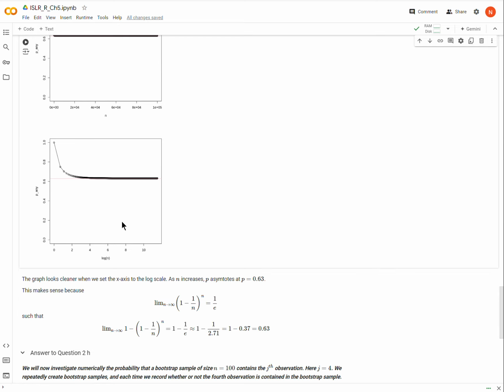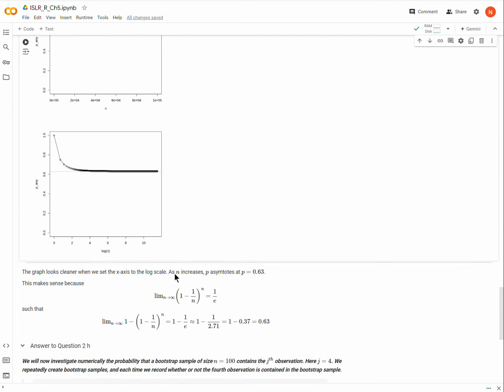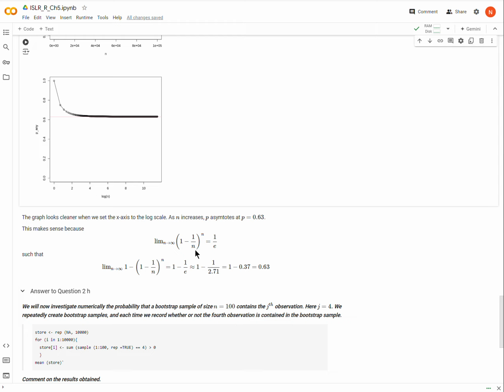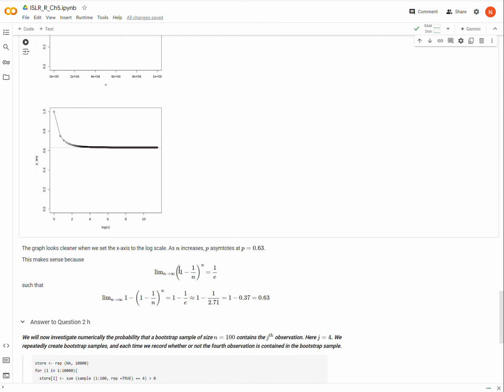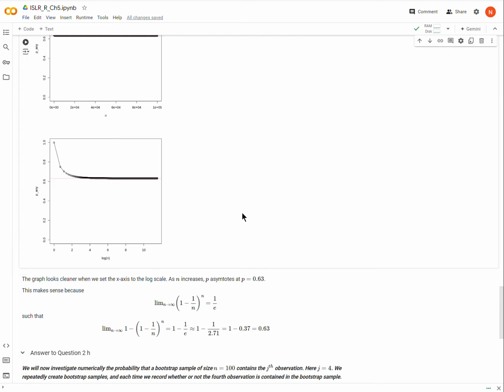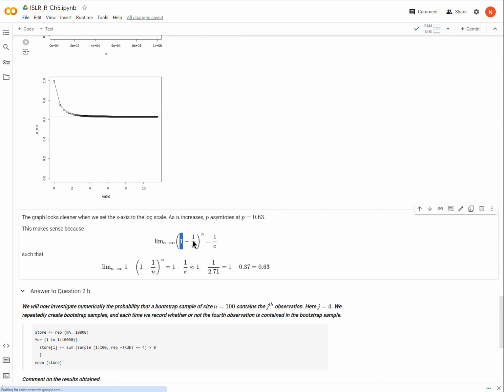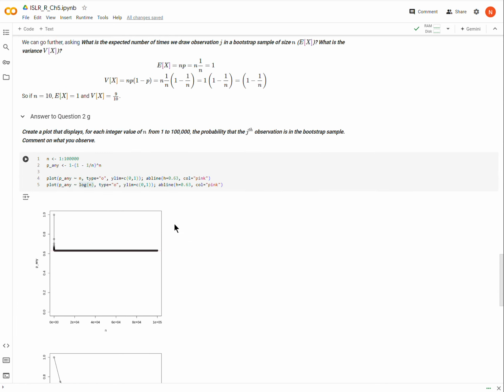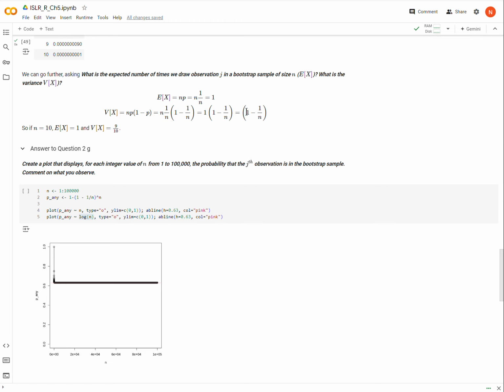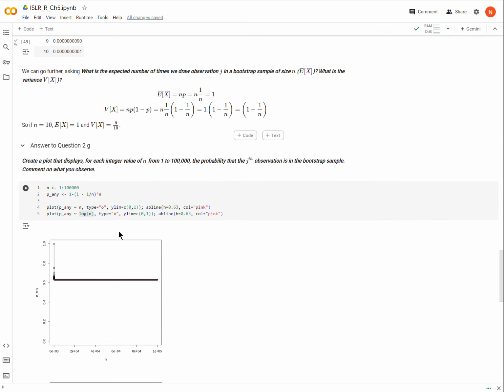How do we know that it's 0.63? Well, not that the question is asking for this, but we could find it if we were to take the limit of this right here, which is the probability of not being in the sample.